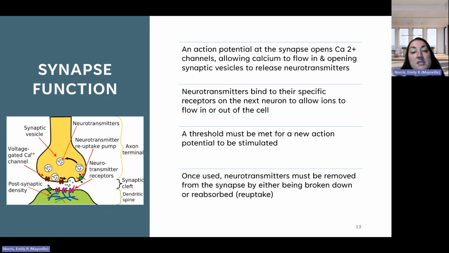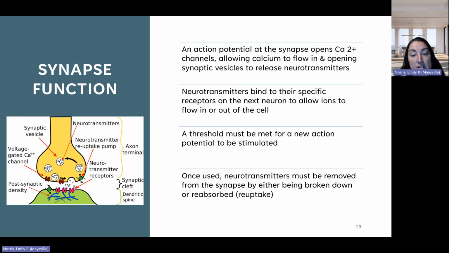The synaptic vesicles then open to release their neurotransmitters. Neurotransmitters bind to their specific receptors on the next neuron to allow ions to flow in or out of the cell. Again, the threshold must be met for a new action potential to be stimulated, and if it's not, then the impulse will not continue.